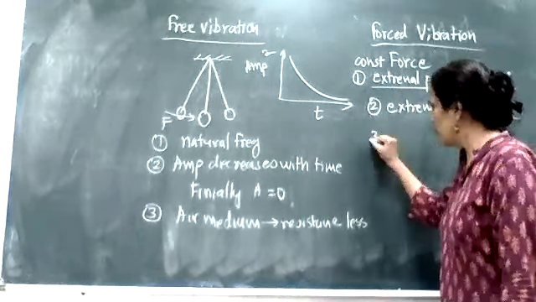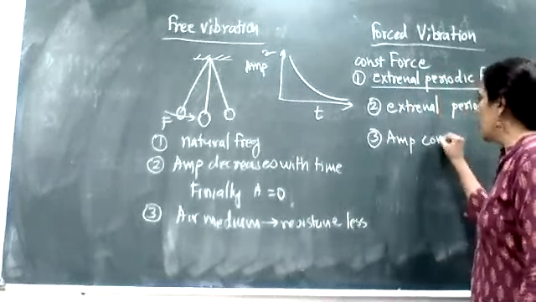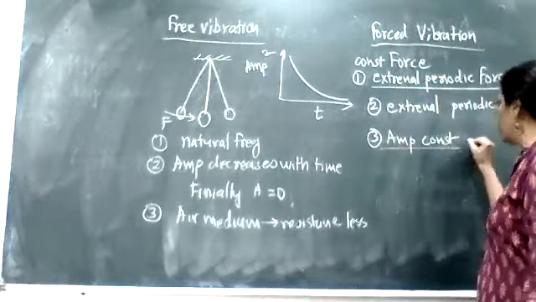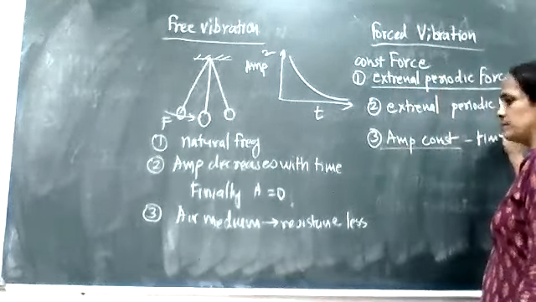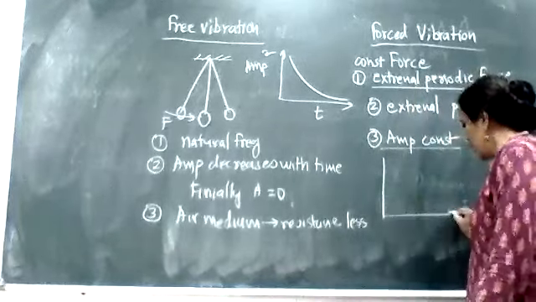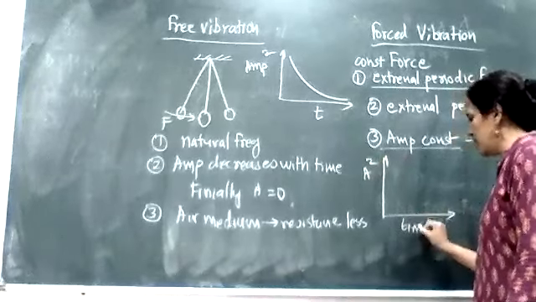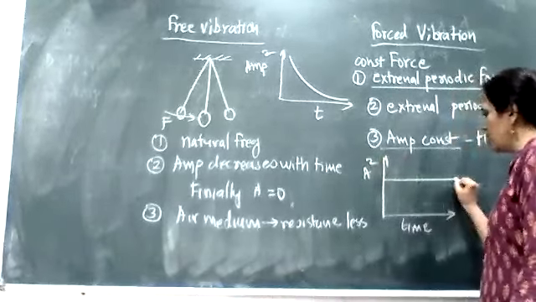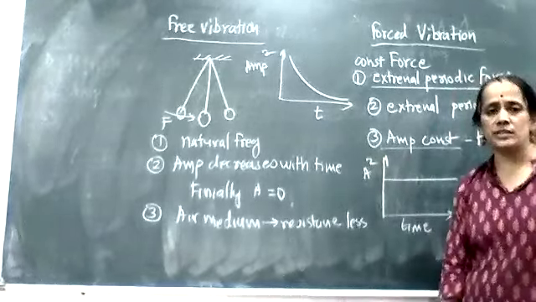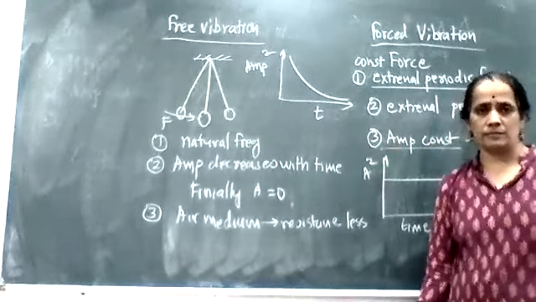Therefore, for a longer interval of time, the amplitude will remain constant. Hence, if I plot a graph of amplitude squared versus time in case of forced vibration, I will get a straight line which is parallel to the time axis, because the amplitude will remain constant.